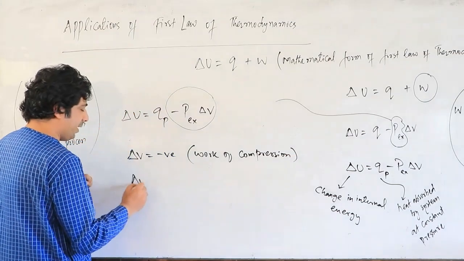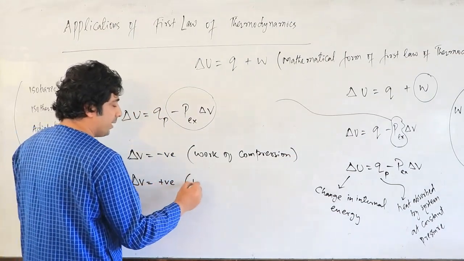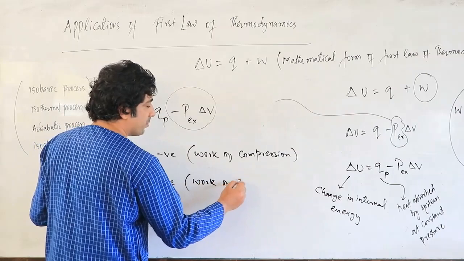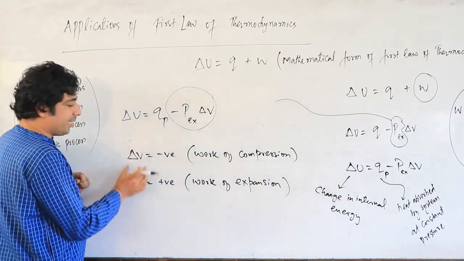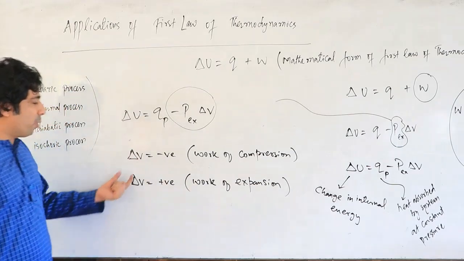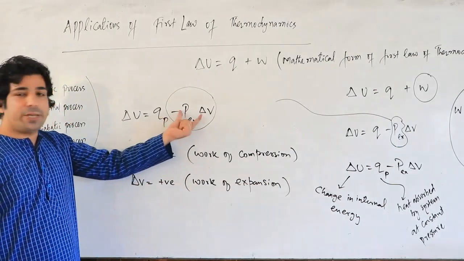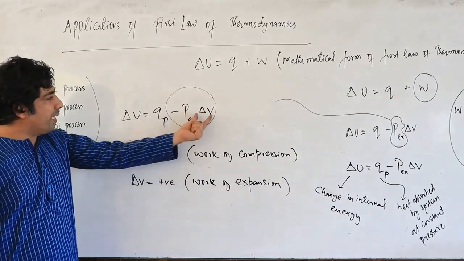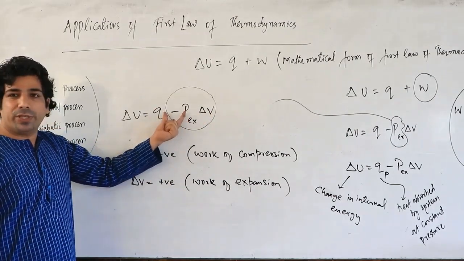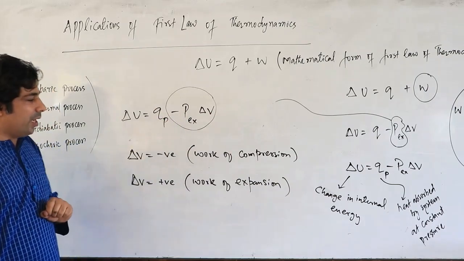And if delta V is positive, then it's a work of expansion, because here volume is increasing and here volume is decreasing. So if I put a negative value here, negative into negative is positive, that means work is done on the system. If I put a positive value here, then positive into negative is negative, that means work is done by the system. Are you following or not?